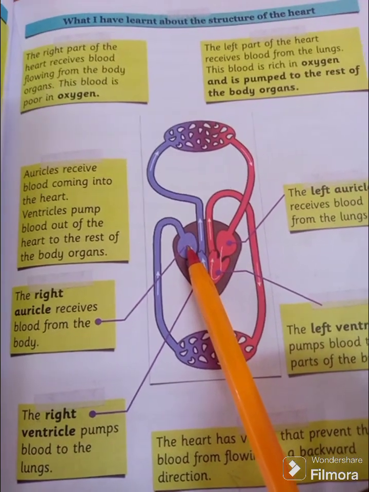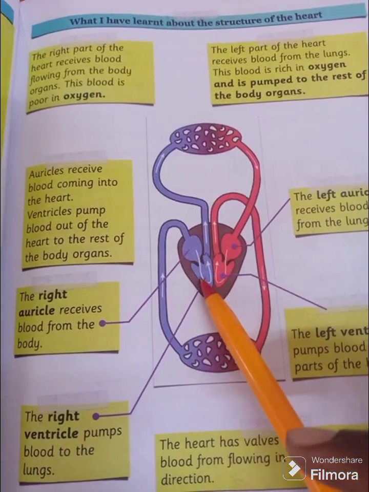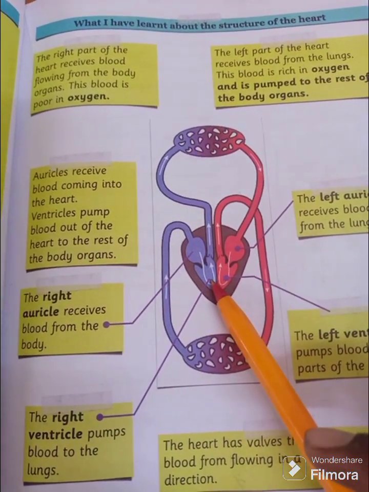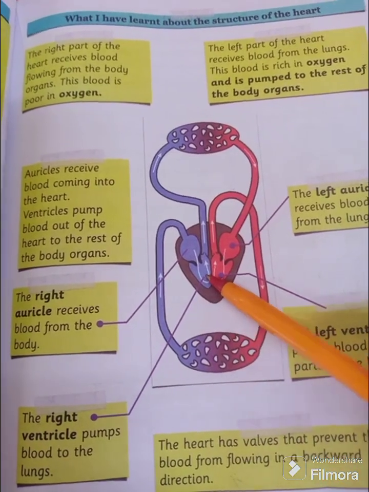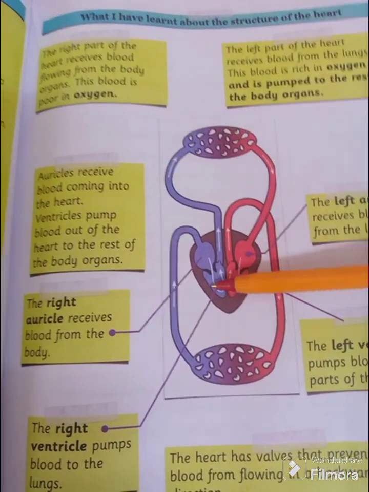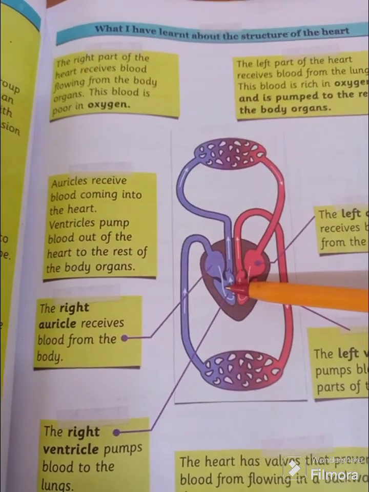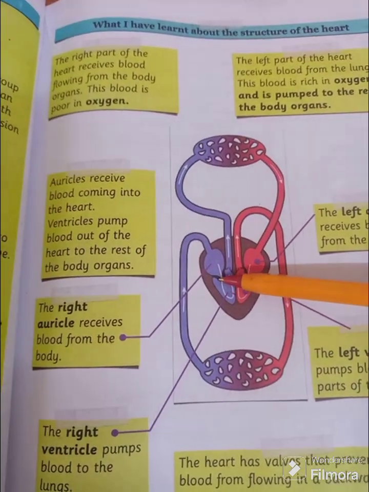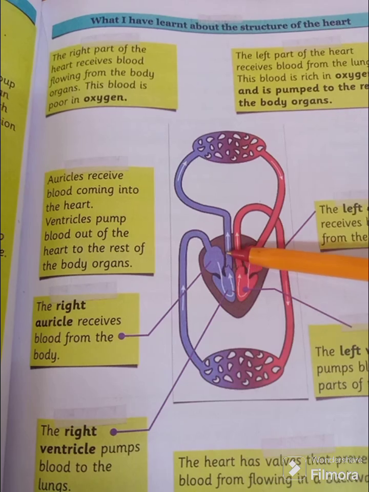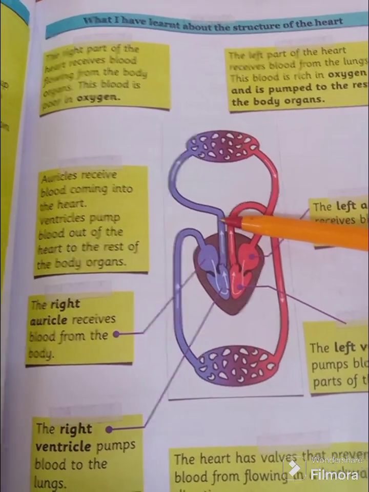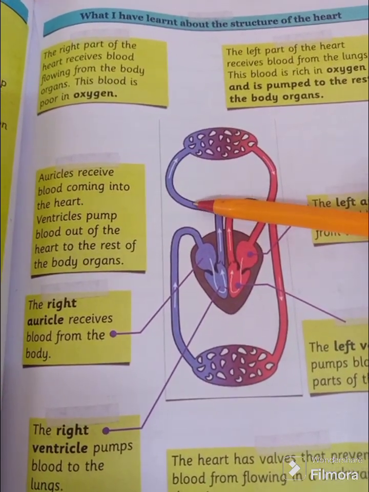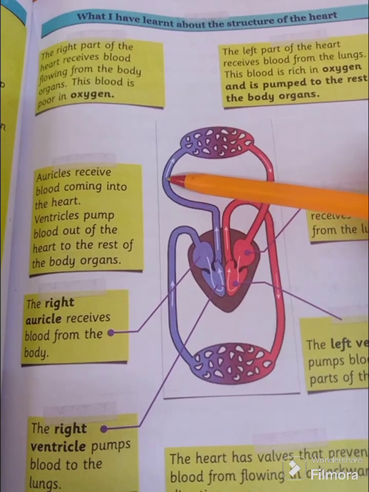Now, from the right auricle, blood will flow to the left auricle. Now, from the left auricle, the left auricle will pump this blood to the lungs through this vessel, which we call the pulmonary artery.